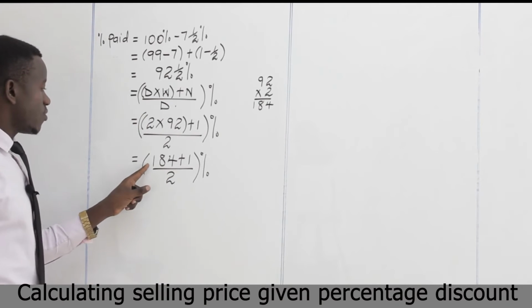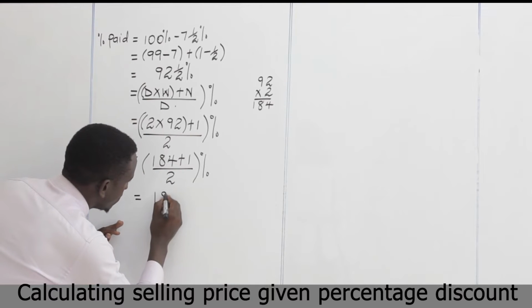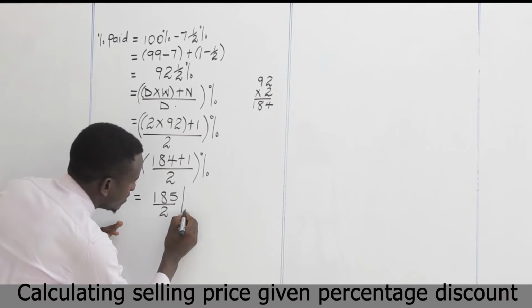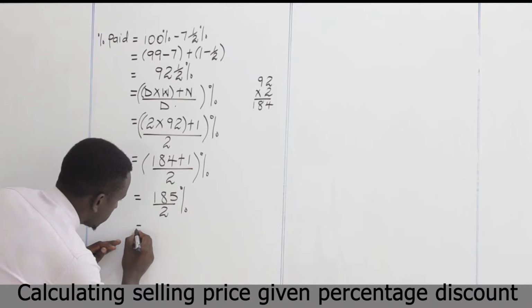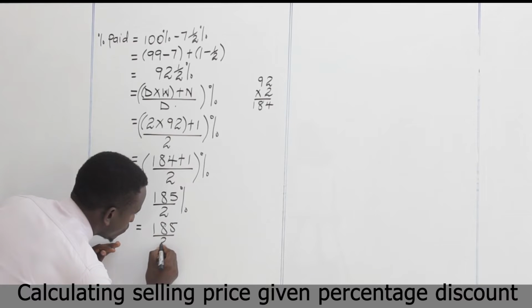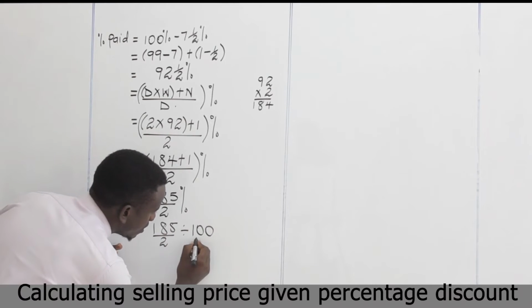So the sum of 184 plus 1 is equal to 185 out of 2%. The same means 185 out of 2 divided by 100.